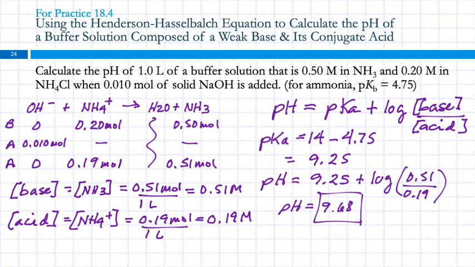Did you get the 0.50 and 0.51 from the table? So this is the initial amount of ammonia. We had 1 liter of 0.5 molar, so that means I have 0.5 moles. And I added 0.01 moles of hydroxide, so that's going to react with 0.01 moles of this and make 0.01 moles of that, which will add on to this.